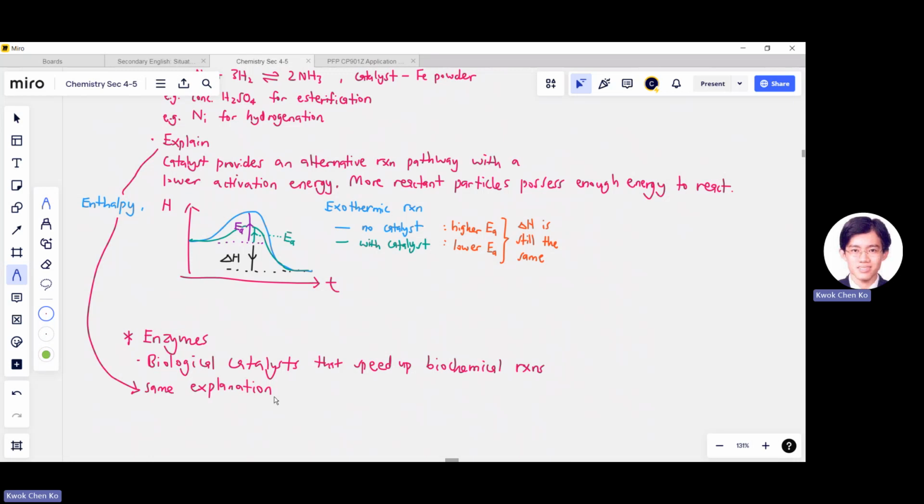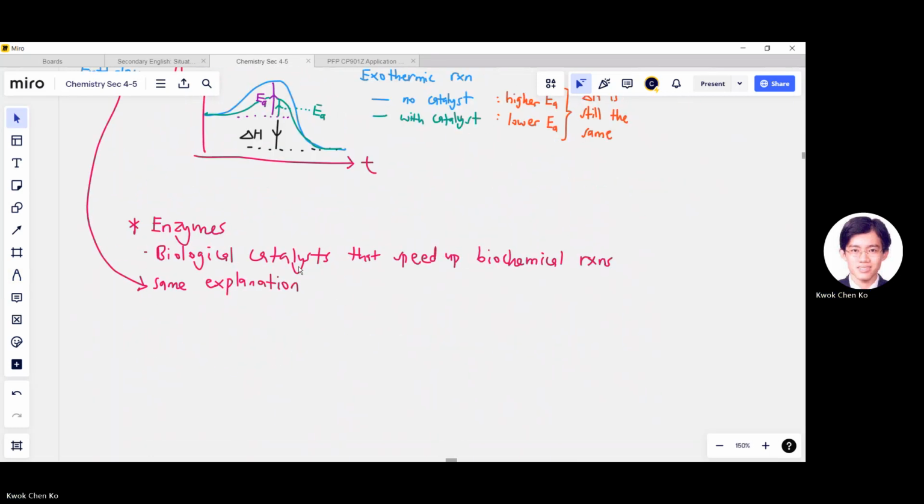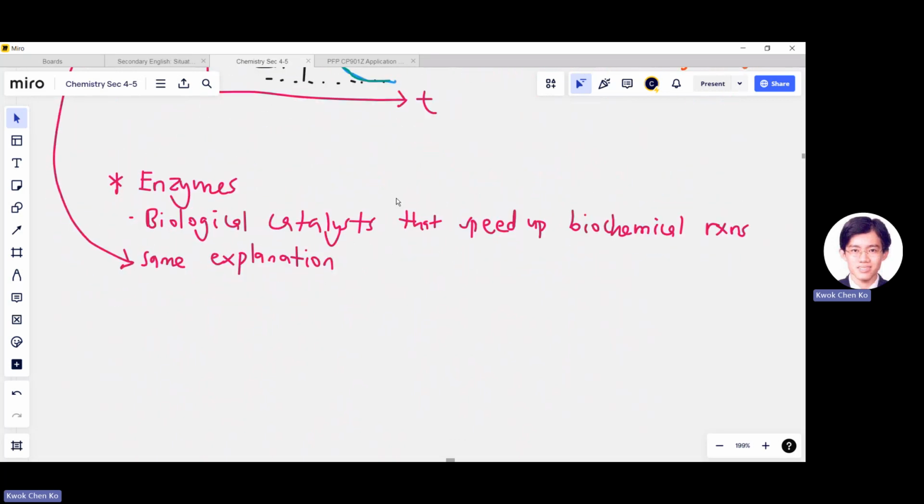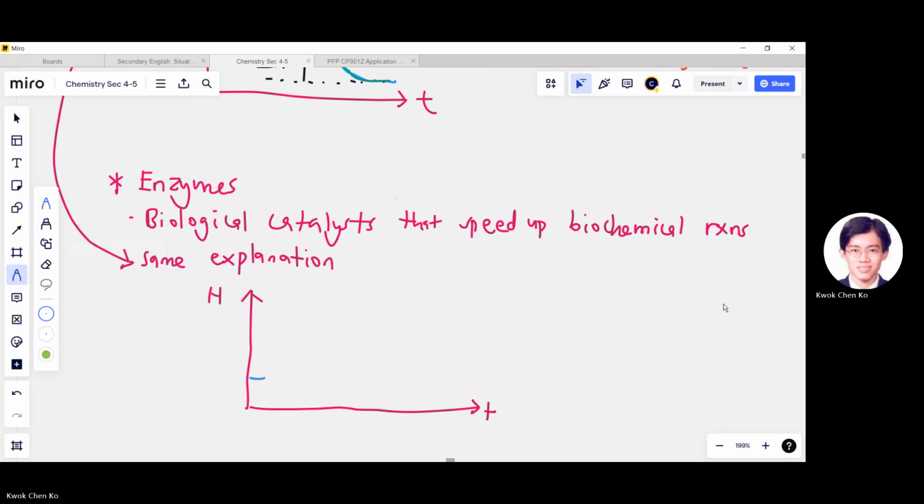But for enzymes, there's one question that I'd like to ask, and I shall tell you. It also gives you the same graph. So they give you the same thing. Make sure you know this endothermic reaction.